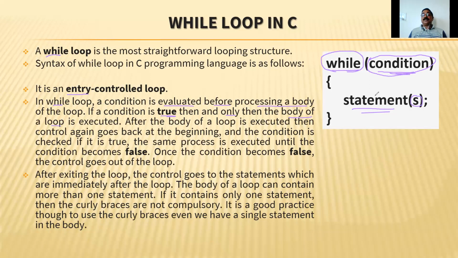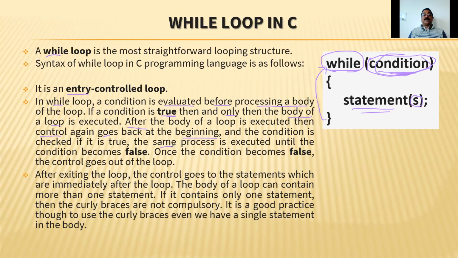The body of the loop means the statements written inside the curly braces will be executed. After the body of the loop is executed, control goes back to the beginning; after executing these statements, you come towards the while condition again, so the condition will be tested again.